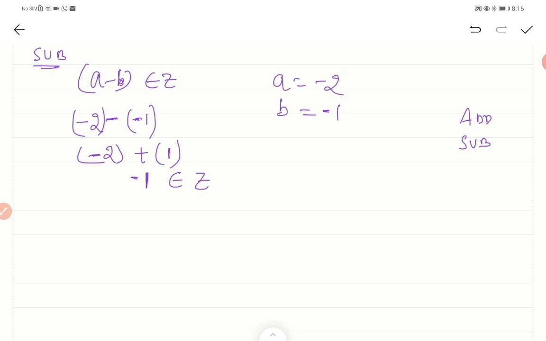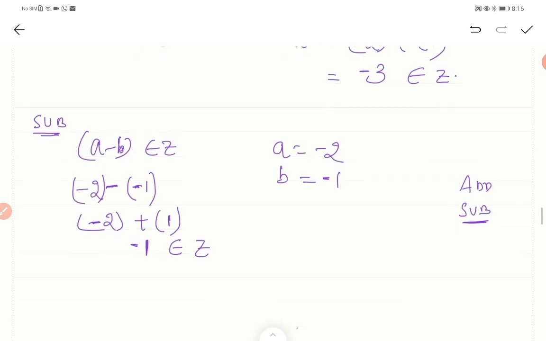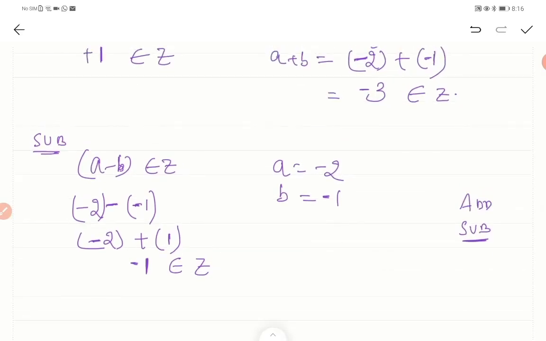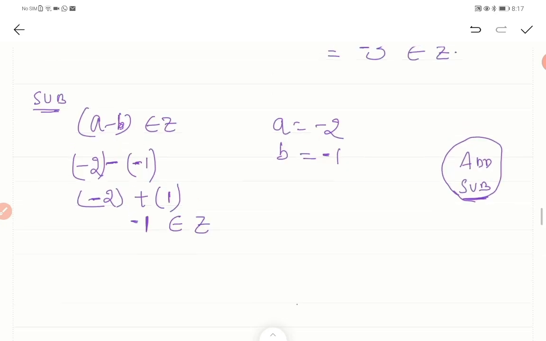You will study multiplication and division in your next year, class 7. You have just studied addition and subtraction of integers. In whole numbers, closure under subtraction was not true, whereas for integers, closure property is true for addition and also subtraction. Just for your information, under multiplication also it will be true.